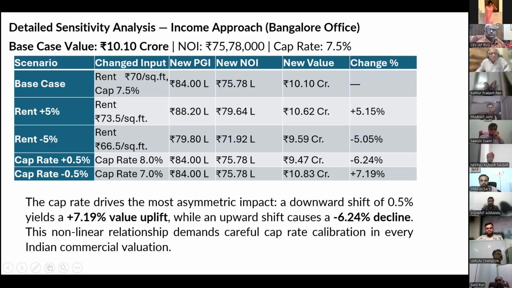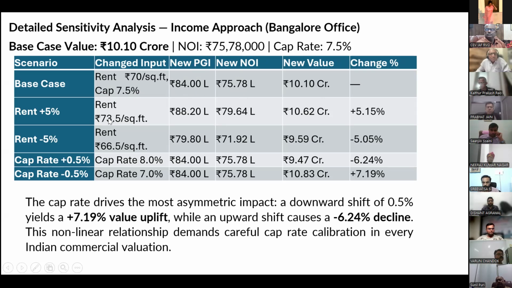Now see, rent is 70 rupees per square feet and the capitalization rate is 7.5%. Potential gross income is 84 lakh, net operating income is 75.7 lakh, and the value is 10.10 crore, with 75.78 divided by 7.5.